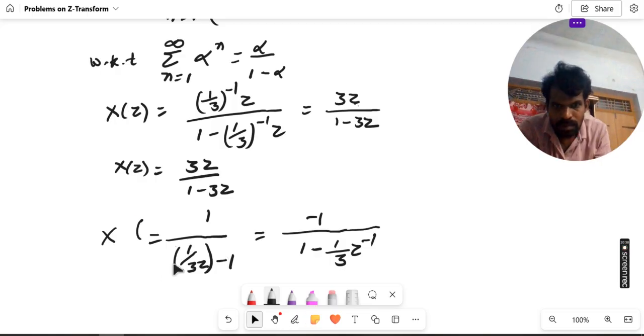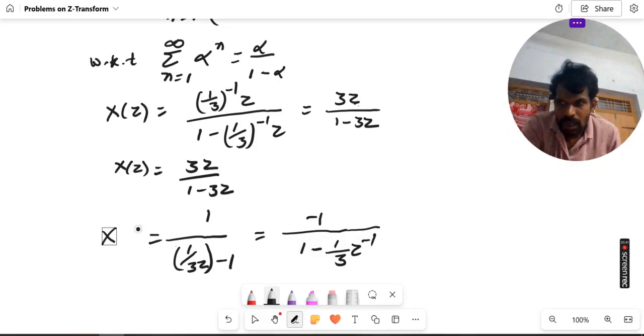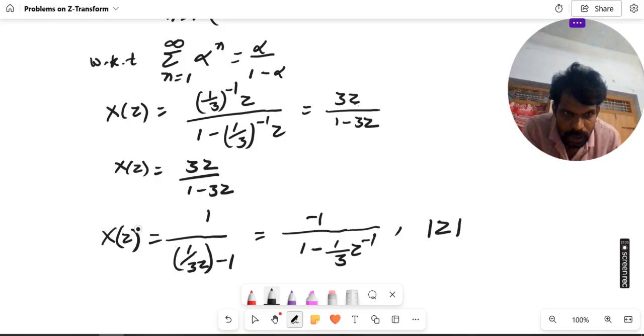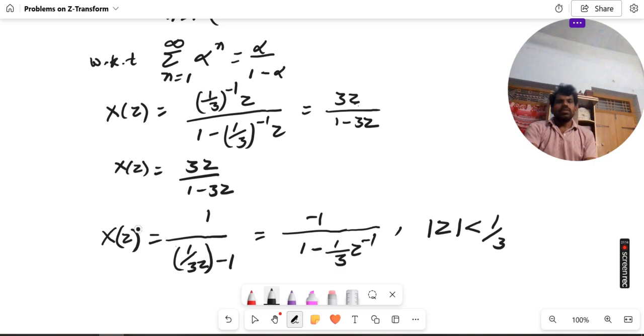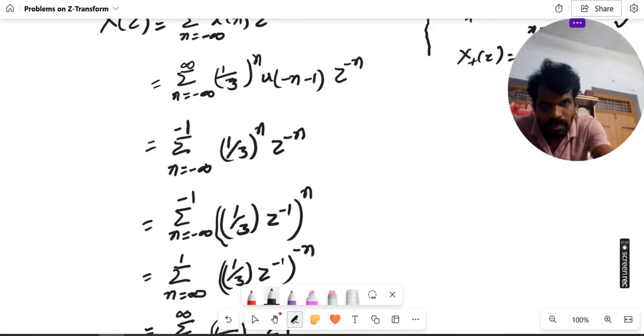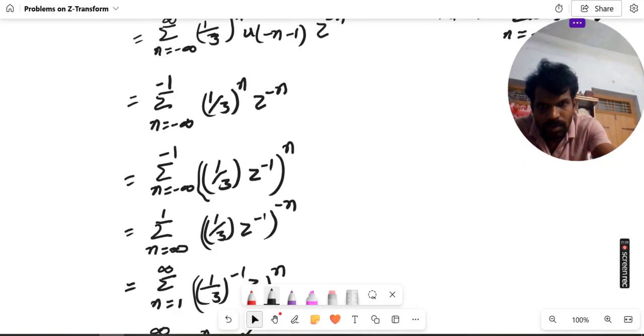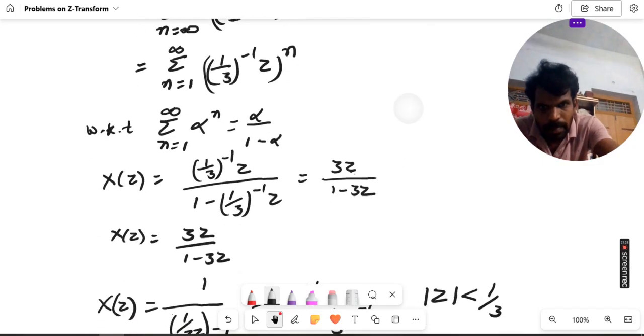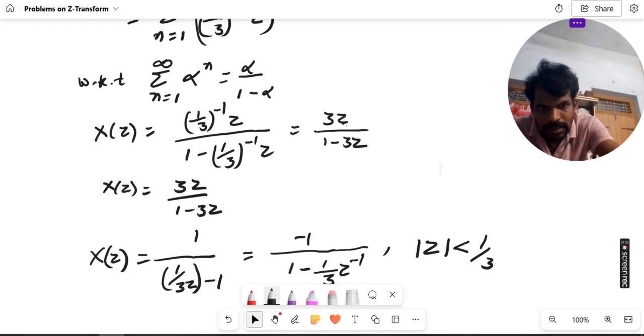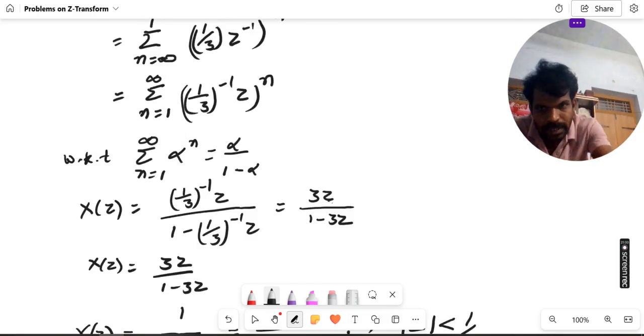What about the ROC for this? ROC for this one is mod z value less than 1 by 3. In the previous example, the first one, what about mod z value in the first example?